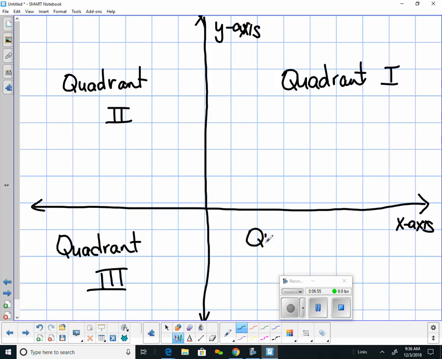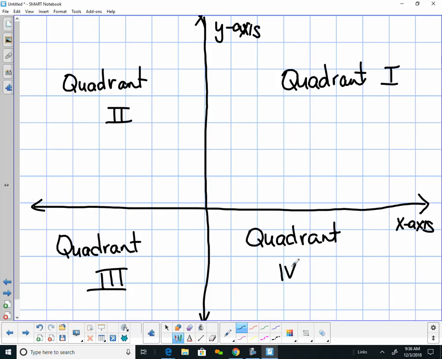And then we have quadrant 4. 4 looks like an I and a V, okay? Because in Roman numerals, a V stands for 5, so it's 1 before 5. So therefore, it's 4.